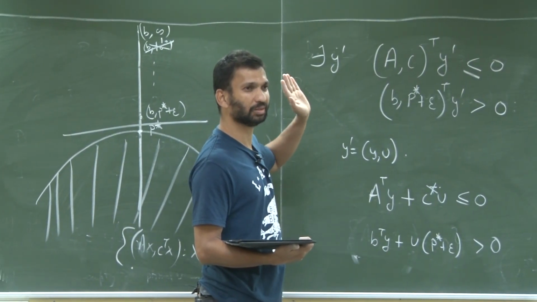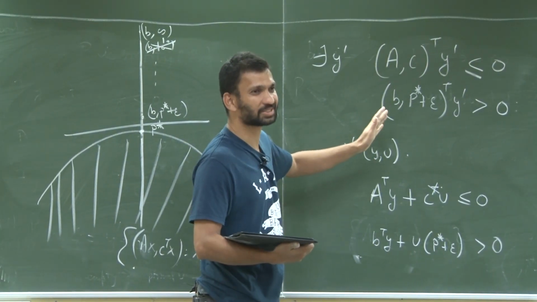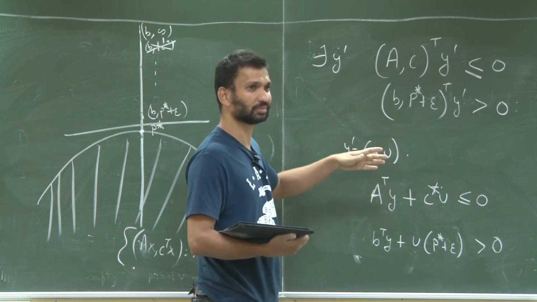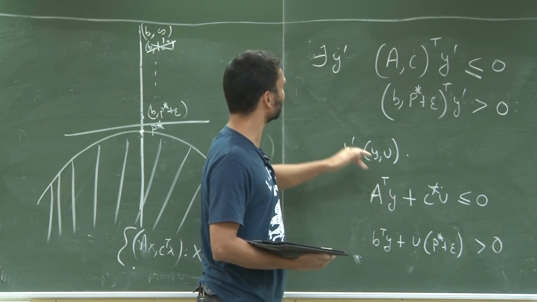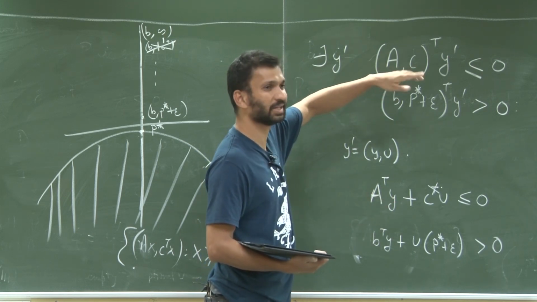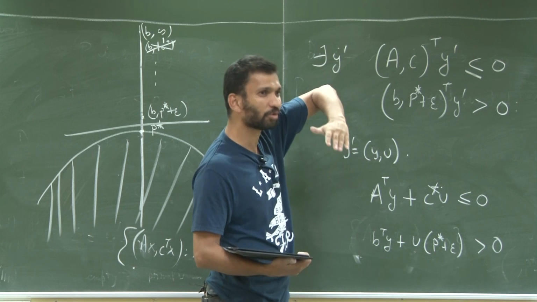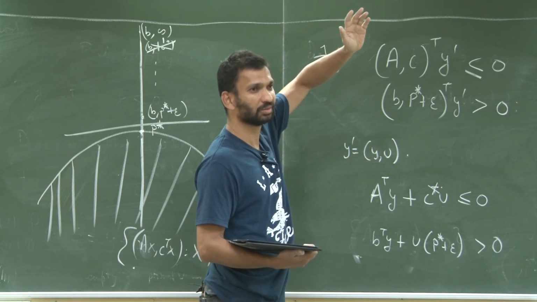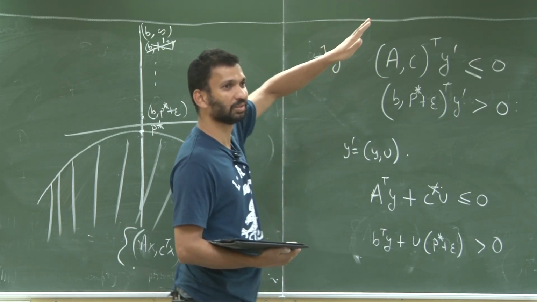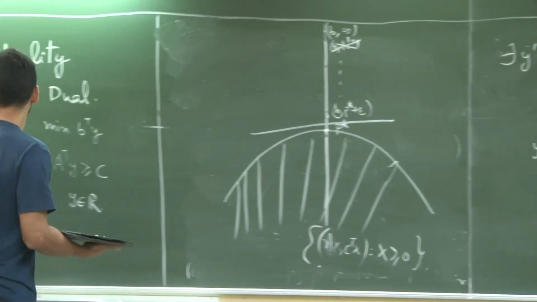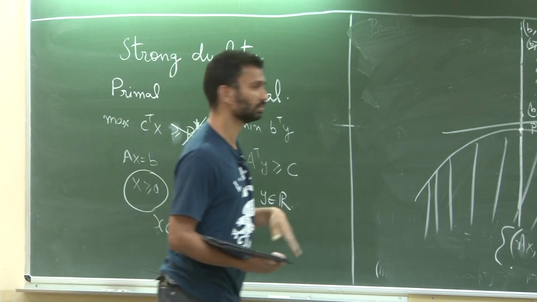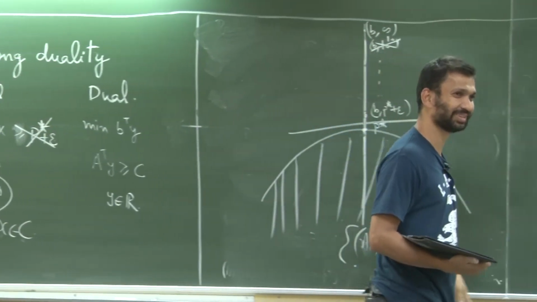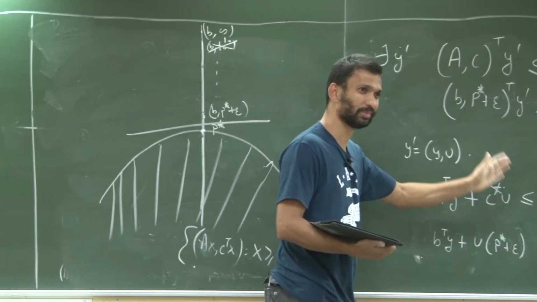I don't want to do the hard work, but basically you have to see whether this is the cone generated by the rows of A or the columns of A. Or it is C transpose or whatever, so you have to see. But this will match; it has to have one more dimension.